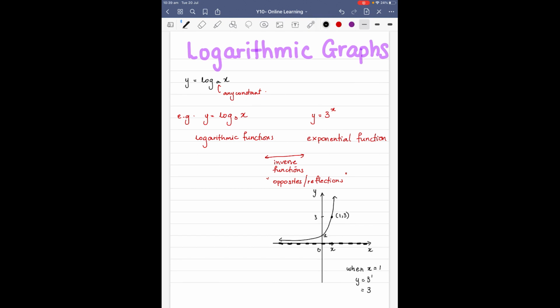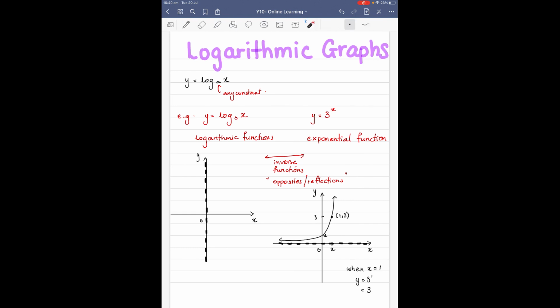Now, when you're drawing a logarithmic function, you draw your axes again, like this. Label x, y, and 0 always. See how in your exponential, your asymptote is on the x-axis? Because logs are technically opposites, guess where your asymptote is now going to be? It's going to be on the y-axis, like this.